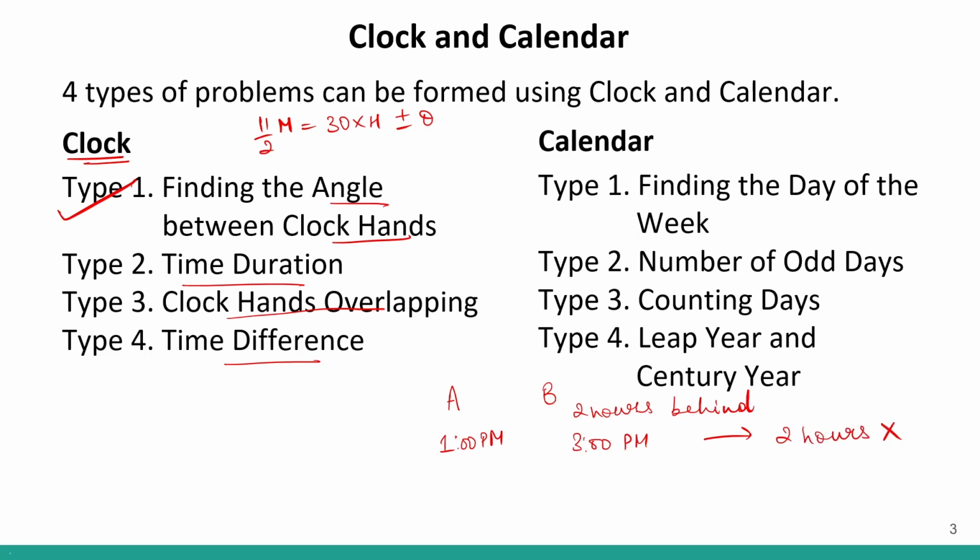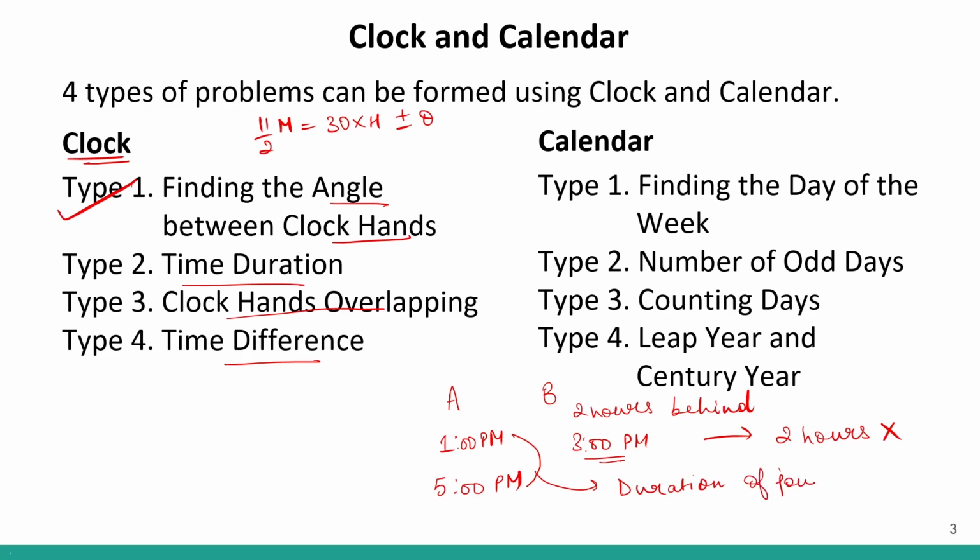Because if you look over here, this is 2 hours behind. That means if 3 p.m. is over here it will be 5 p.m. Correct? Because this is 2 hours behind. So the duration of the journey will be 4 hours and not 2 hours.